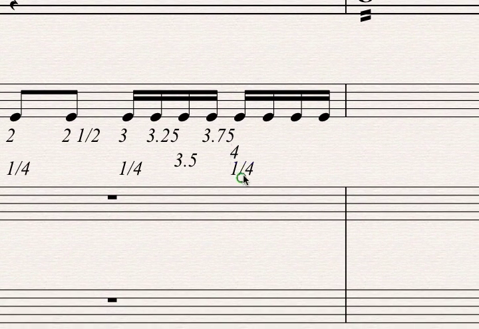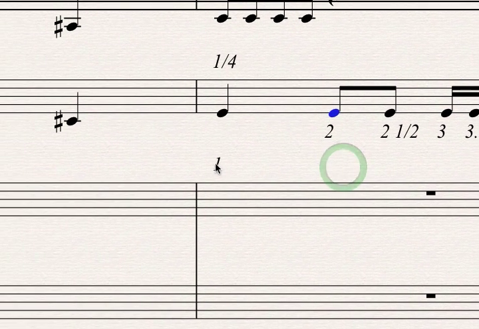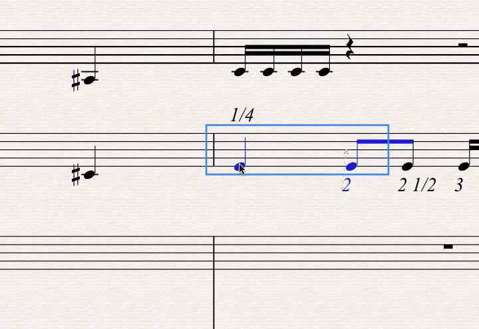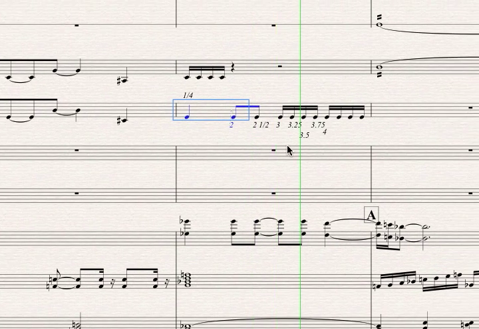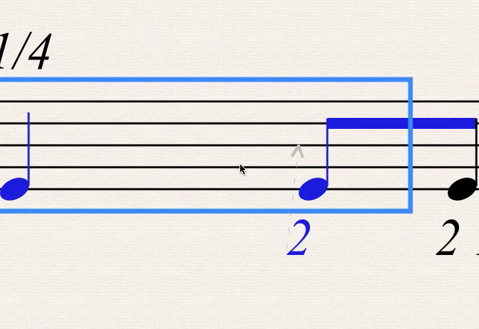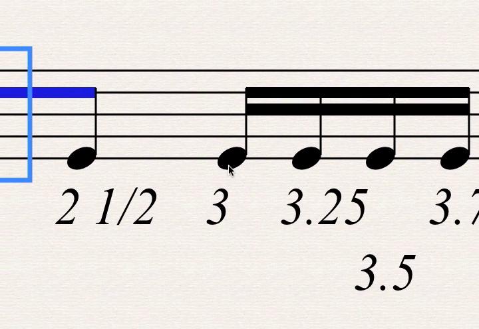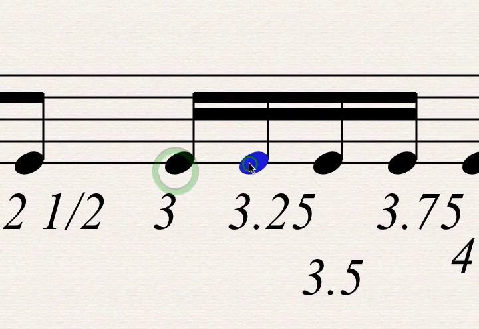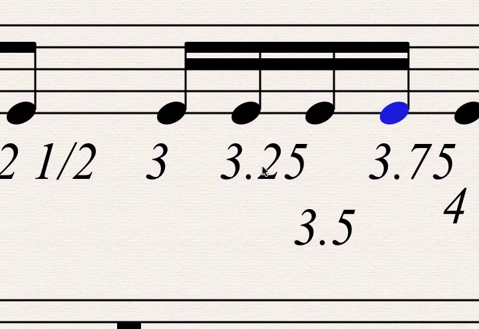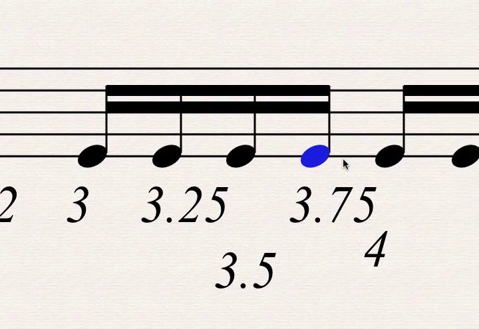Okay, so let's just erase this. And so before, just so you understand these notes, you now have this. But 1, 2, and 3 E and a 4 E and a. And so that brings you to the next thing, is that when you go to count 16th notes, you actually count them 1 E and a, which is 3, 3 1/4, 3 1/2, 3 3/4. 1 E and a, 2 E and a.